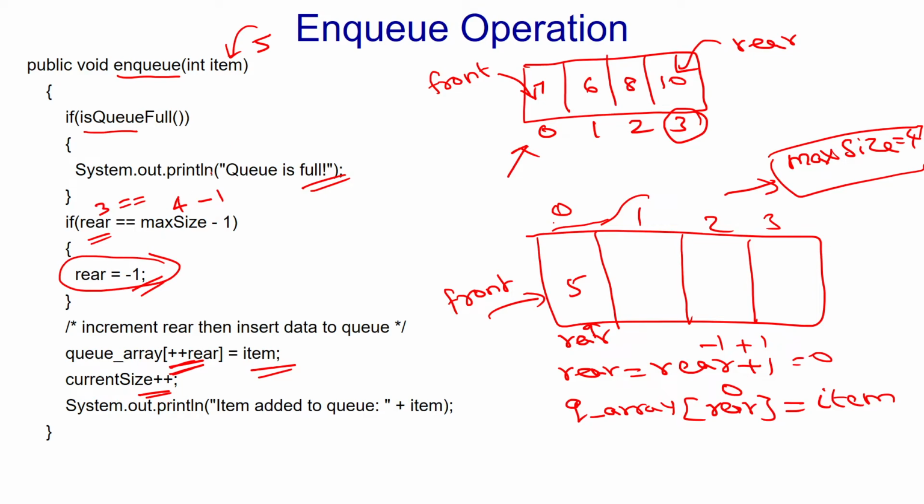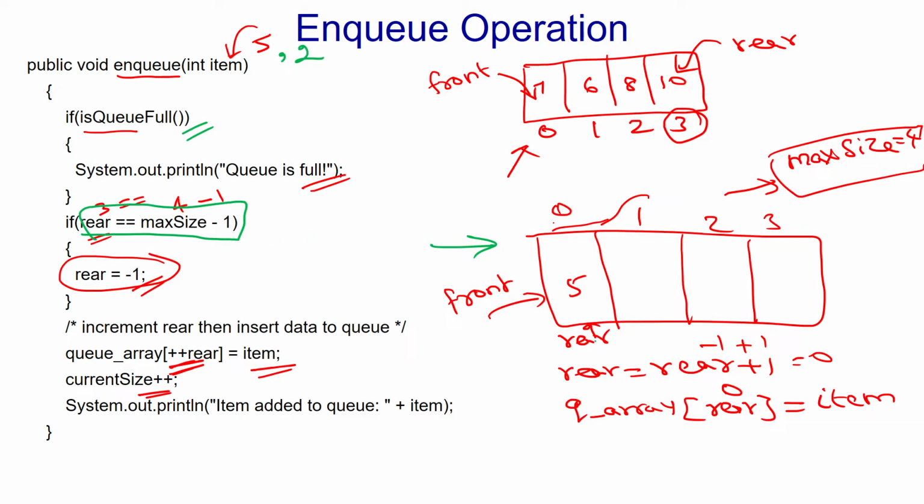Now I am going to insert one more value, suppose 2. I check whether my queue is full or not. No, my queue is not full. Then I check rear equal to maximum minus 1. This is also false.